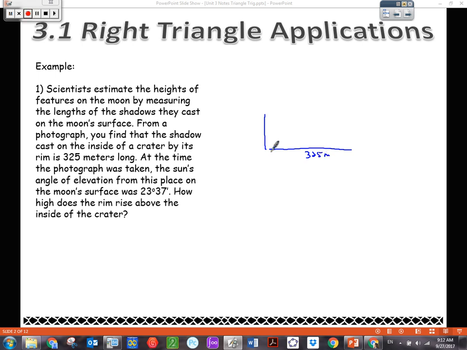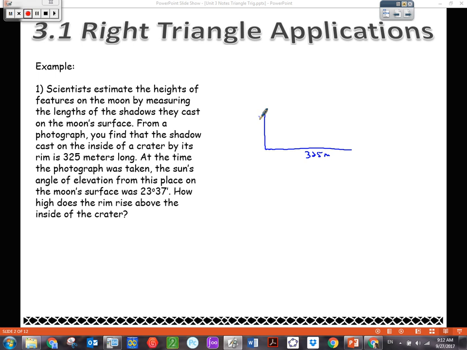Now, we know the rims aren't going to be vertical, but if you imagine a vertical line going through to the bottom, the edge of the rim, that would help you with this picture. This is just the vertical line going down to the bottom of the crater.